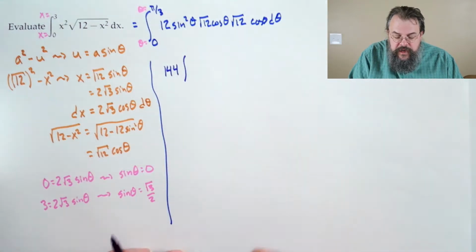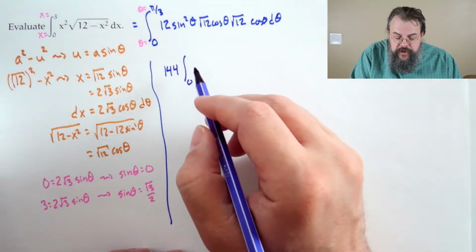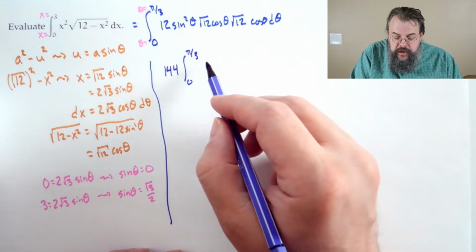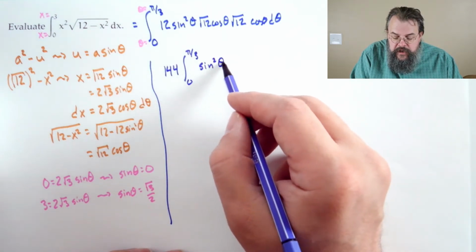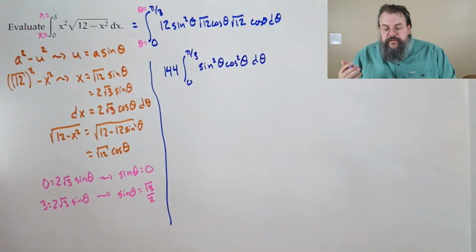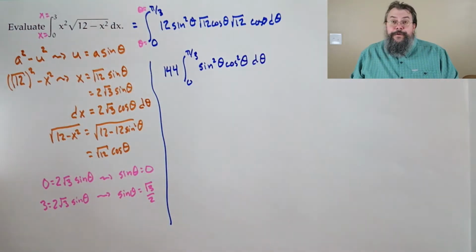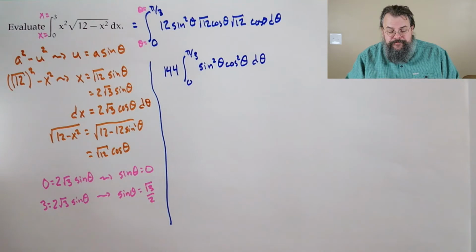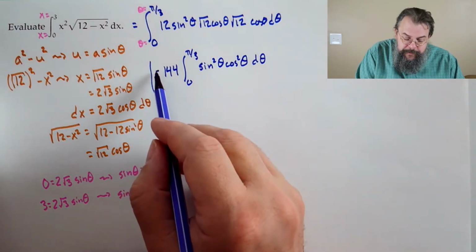We'll put it off to the side for a second. Integral from 0 to pi over 3 of sine squared cosine squared d theta. Okay, so we have sine squared cosine squared. Well, both the powers are even. So time to do power reduction. Okay, great. Wow, good problem.